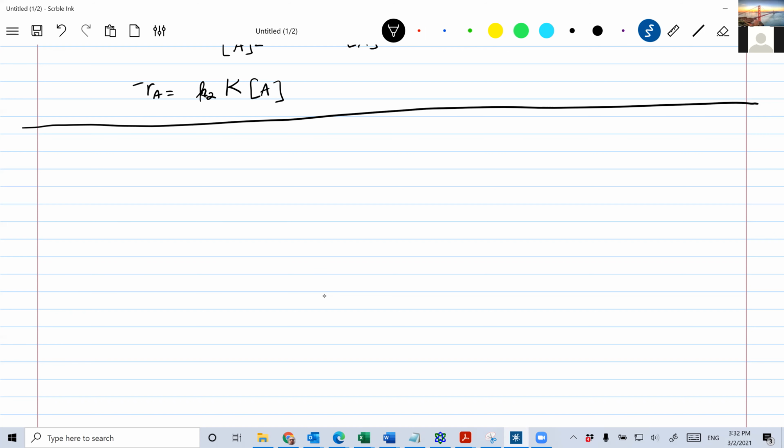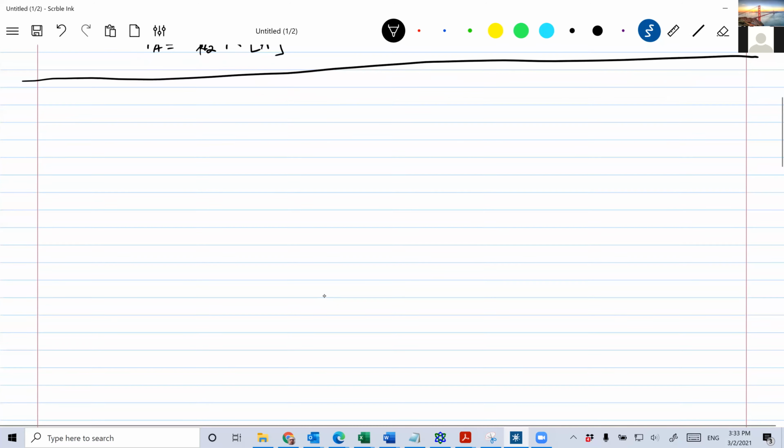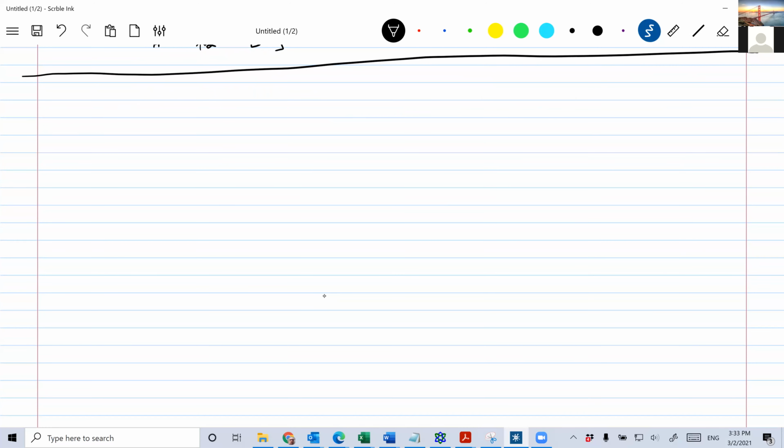What was nice here is that we introduced these methods without talking much about the nature of the reactions themselves. We just introduced them based on algebra. So today we'll talk a little bit about the nature of the reactions and what makes these reaction rate expressions arise.